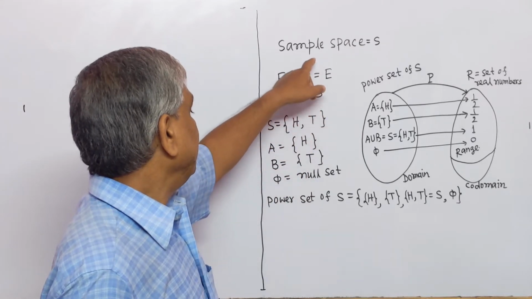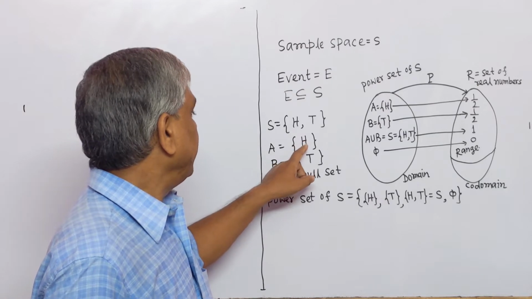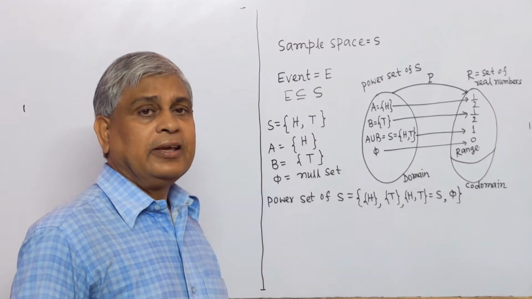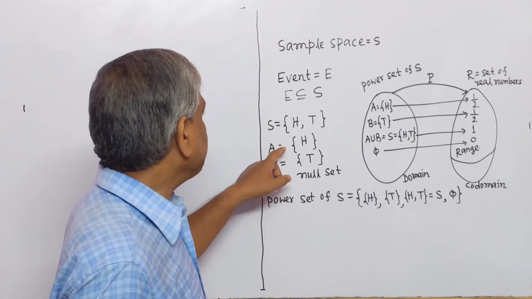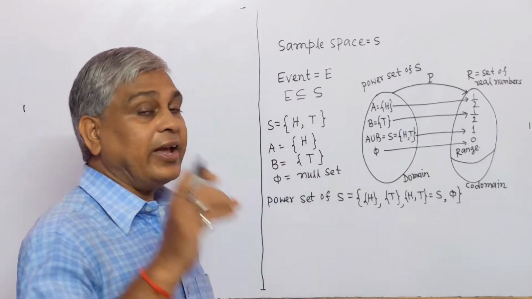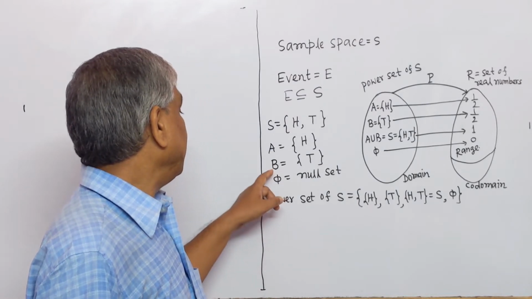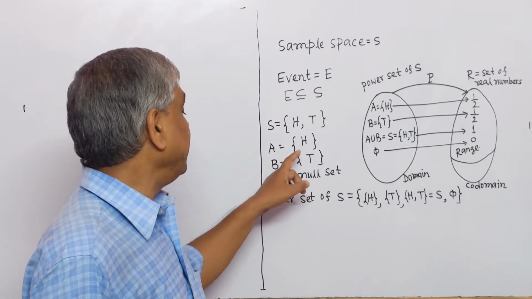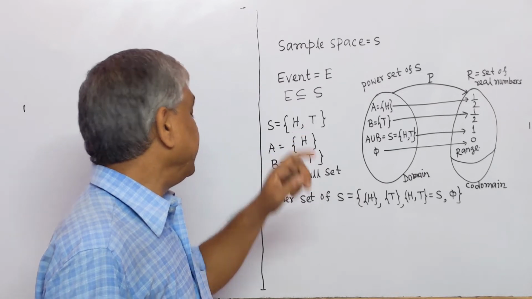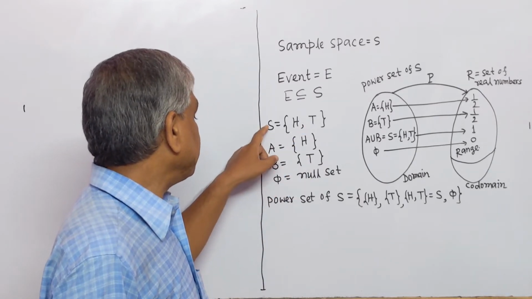Here, let A is a set containing head only, and A is subset of S. Then A is an event. Similarly, if B is a set containing element only T, tail, and B is a subset of S, then B is an event.